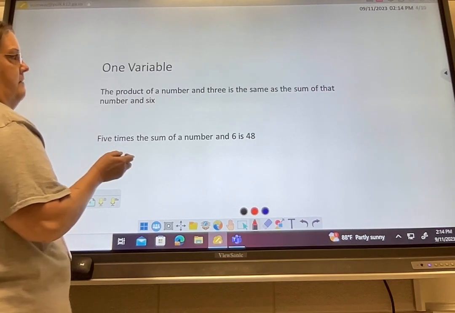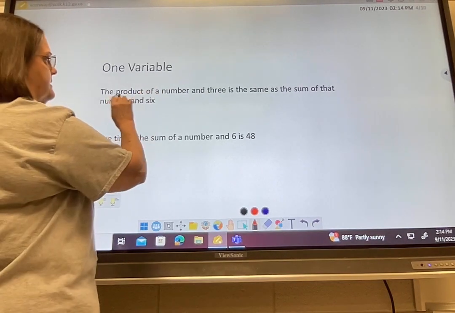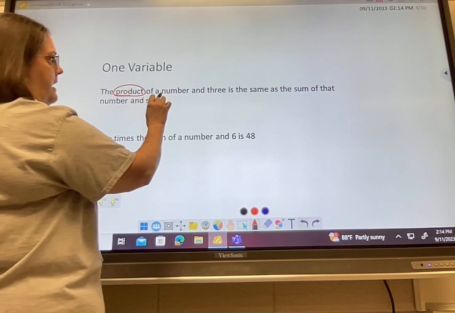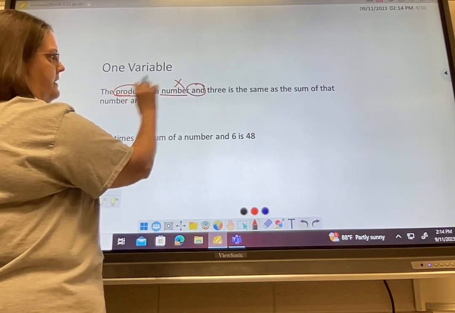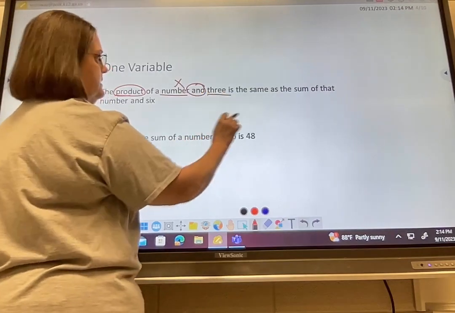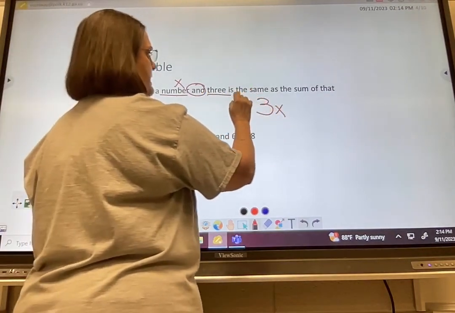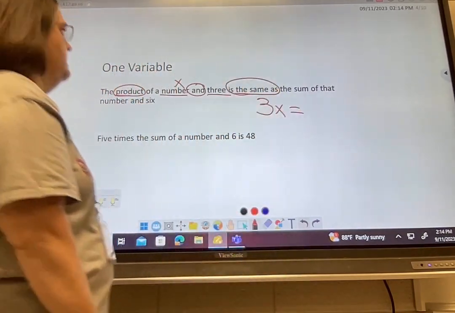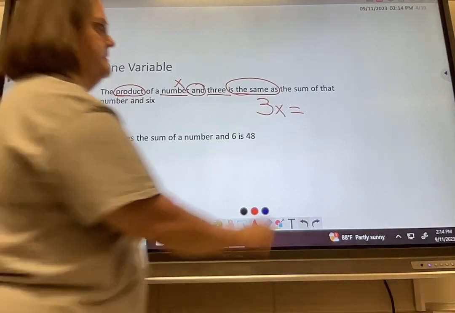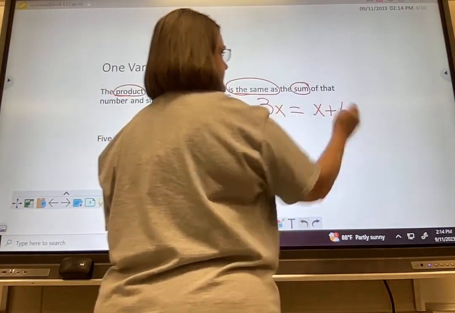The product of a number and 3, so the product means multiply again, a number, that's our variable, and that lets me know where the product is going, 3. So the product of a number and 3 is the same as, that means equal, the sum of that number and 6. So sum means to add of that number and 6.